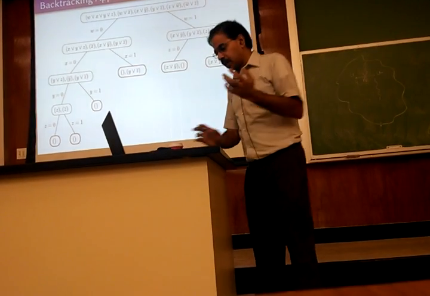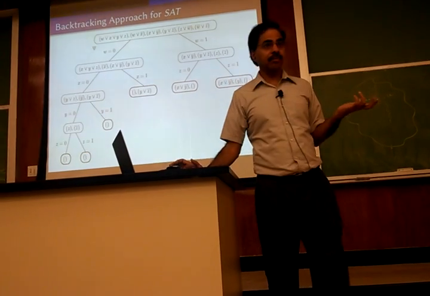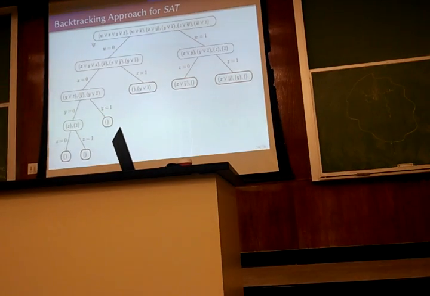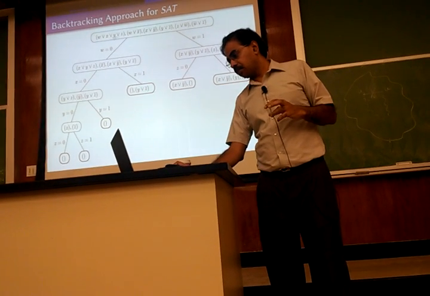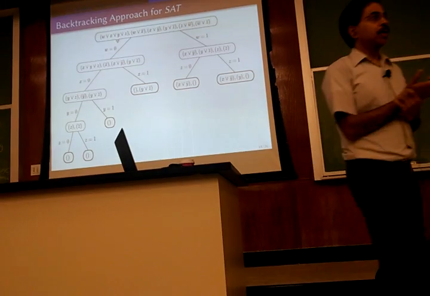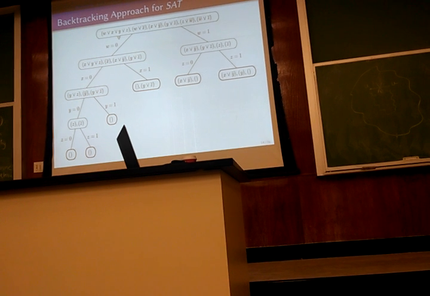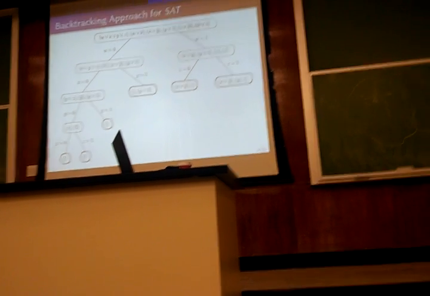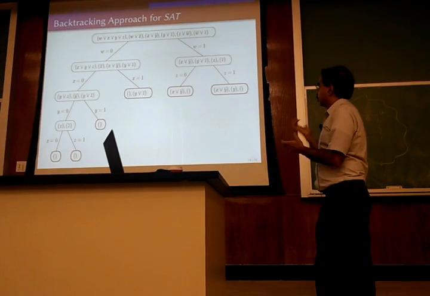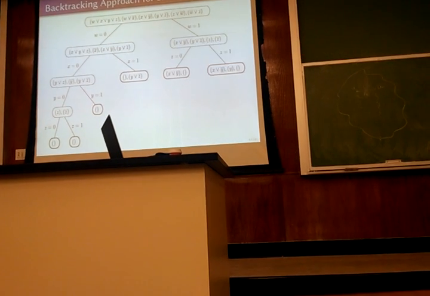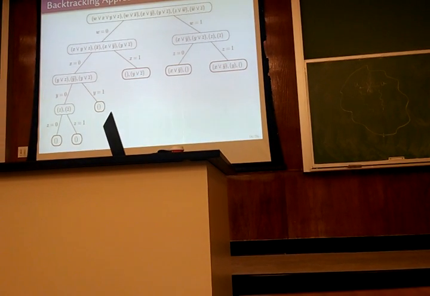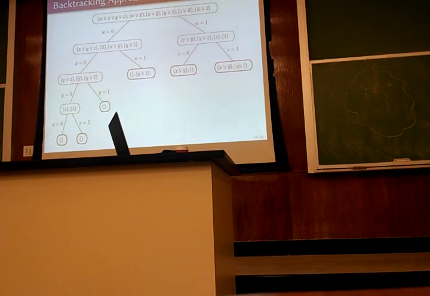So this is not 3-SAT, okay, this is just general SAT. That's why there are clauses that have, say, 4 literals here, right? So it's not 3-SAT. Some of the clauses have 2 literals, some of them have 4. So now what you're going to do here is pick a variable, and then try the 2 truth assignments for the variable, okay?